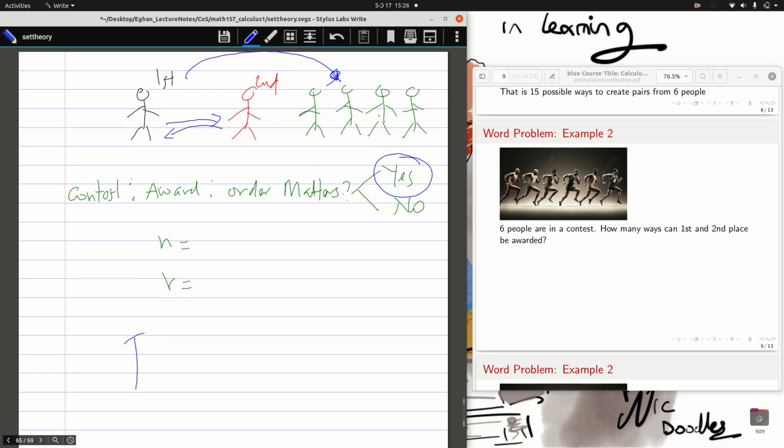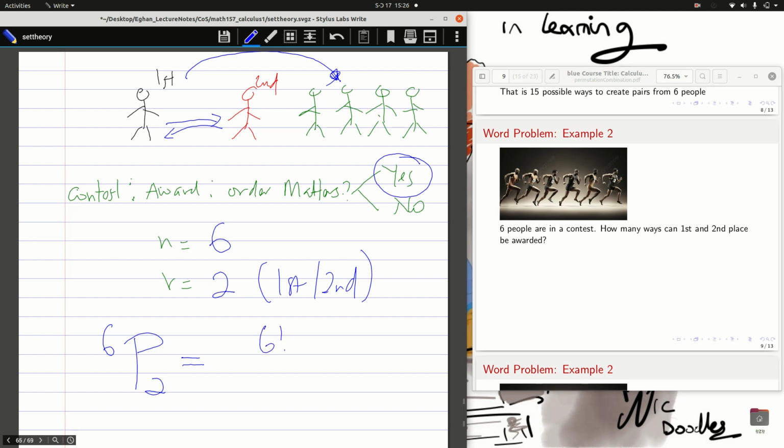And so I have P. What is my n? I have 6 people in the contest. What is my choice to make? I have to award 2. Just the first and second position, not the third, not the fourth. So just 2 awards. And that is 6 permutation 2. Repetitions, we will assume no repetition of positions.